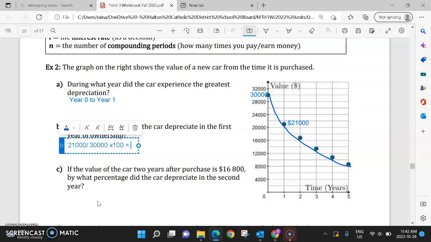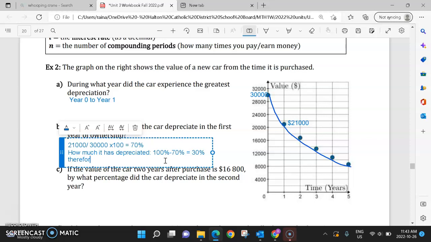So 21,000 divided by 30,000 times 100 is 70%. So 70% is what its current value is at, right? This is 70% of the original value. In order to figure out how much it has depreciated, you want to subtract that from 100%. So 100% minus 70% equals 30%.